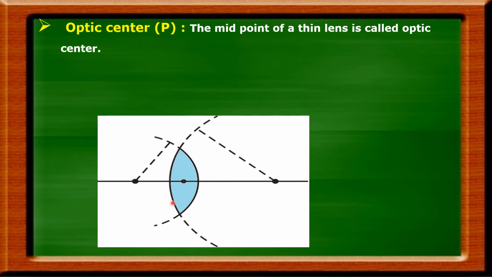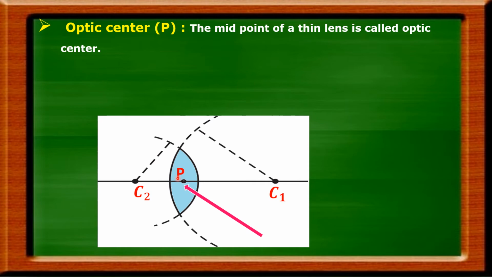Here, this one is the convex lens, you know this, and the midpoint of this lens is called the optic center. And you know what these two points are? This one is C1 and this one is C2. These are the centers of curvature. And here, this is called the optic center P. So P is the optic center.